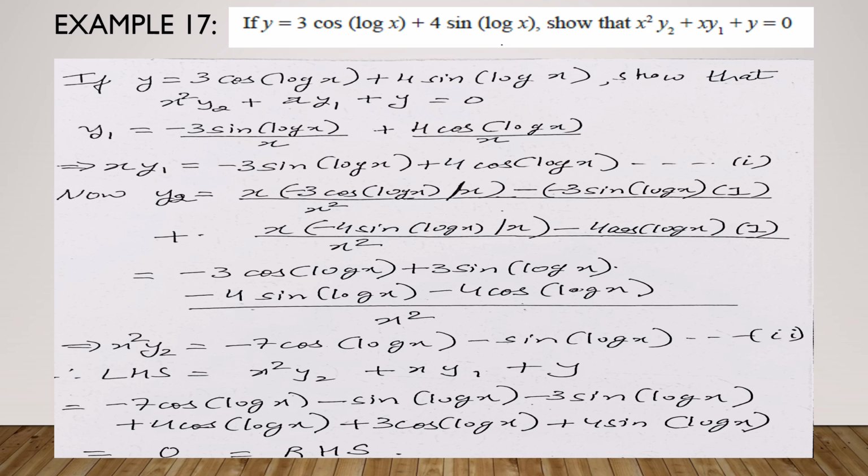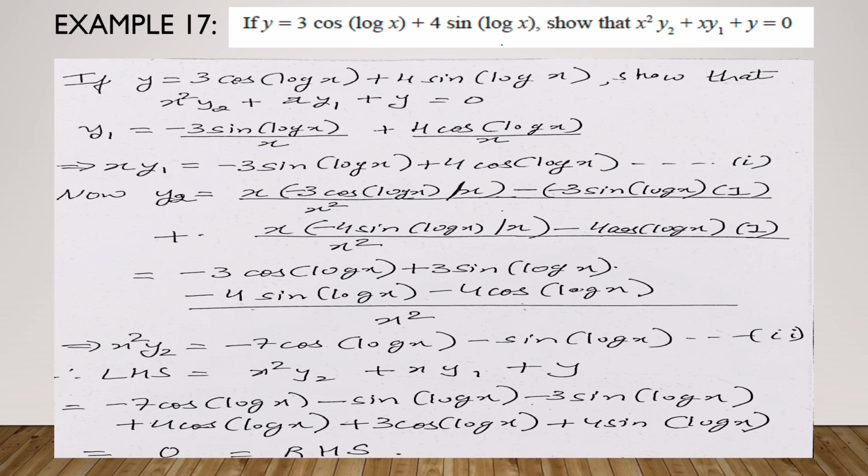Again over here you are having chain rule. Derivative of cos is minus sine into derivative of log x, which is 1 upon x. So y1 will be equal to minus 3 sin log x upon x plus second term 4 cos log x upon x. Bring x on the left hand side, you will get x y1. Let this be equation 1.